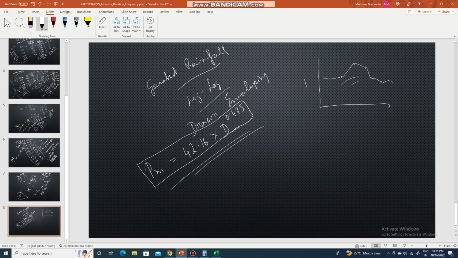The mean rainfall, which is the mean of all the greatest rainfall that has occurred in the world, is equal to 42.16 multiplied by the duration of those rainfalls to the power 0.47.